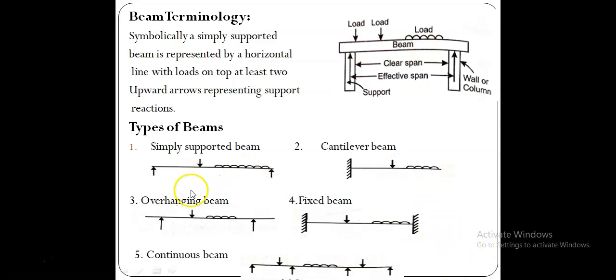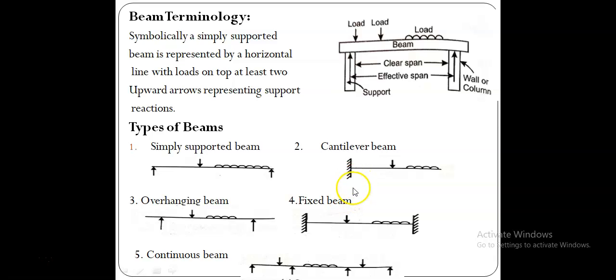And therefore, as far as this fixed beam is concerned, it is having totally 4 reaction components: 2 vertical reactions and 2 reactive moments. Whereas the simply supported beam is having only 2 reaction components, that is VA, the vertical reaction at support A, and, let this one be support B, the vertical reaction component VB.